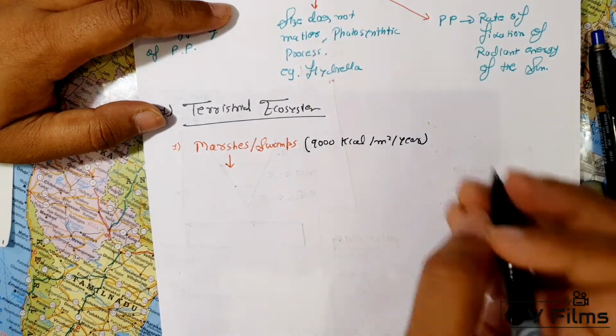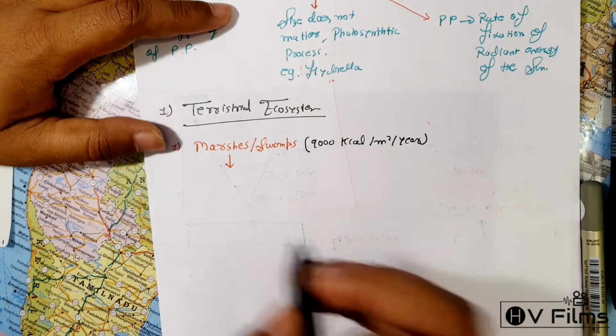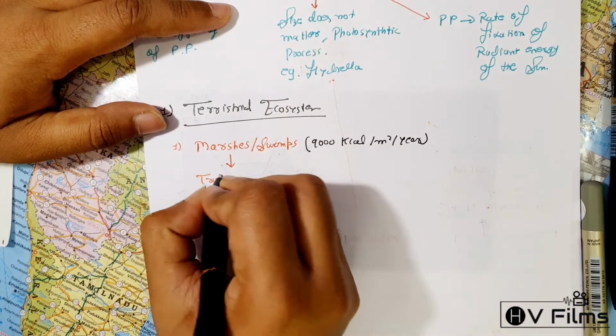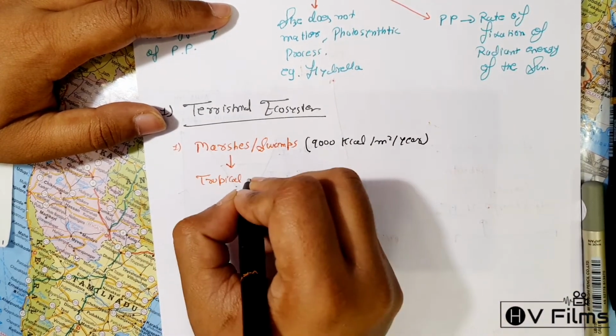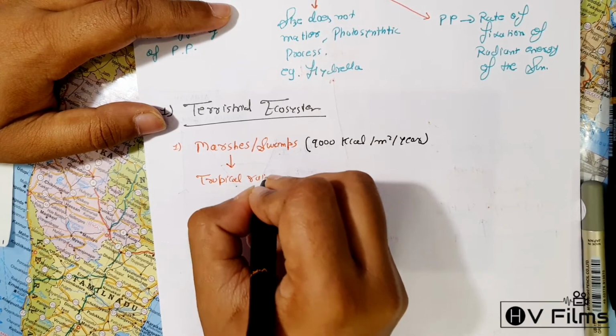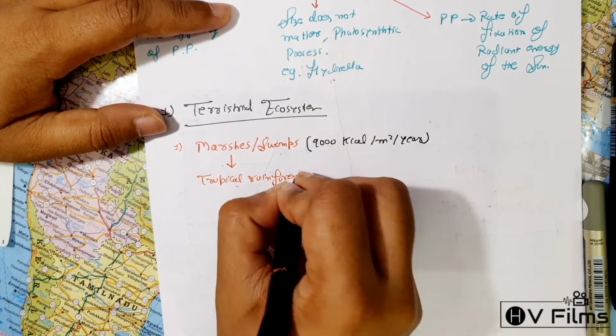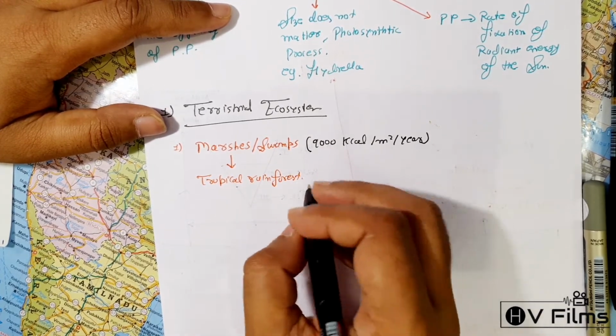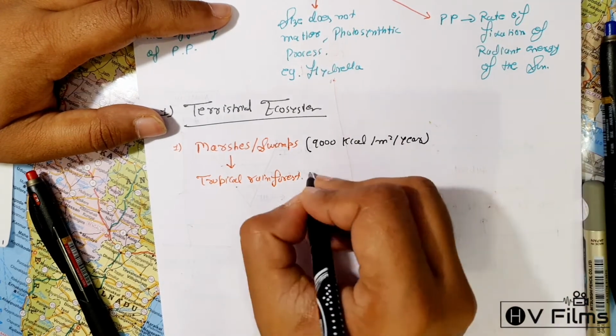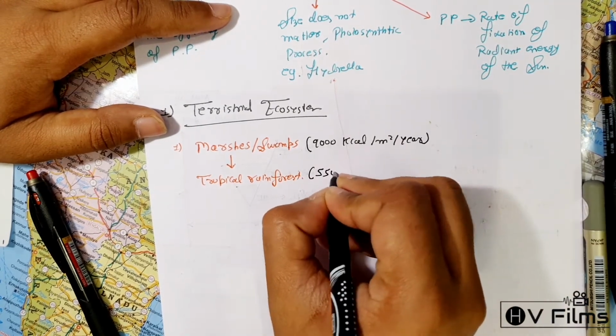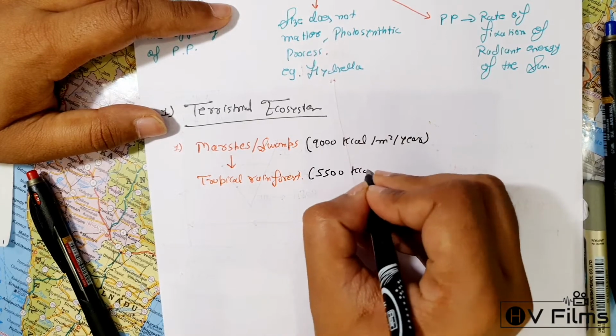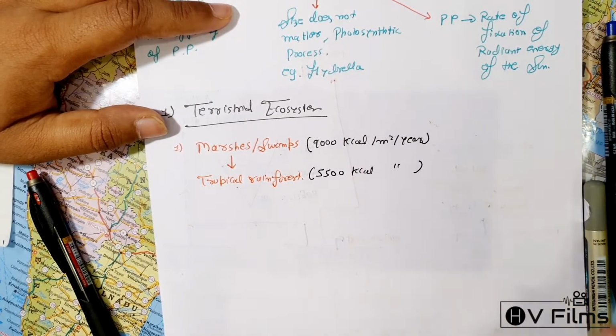So marshes has the highest, and then it goes to tropical forest or rainforest. Tropical rainforest is around 5,500, I think, kilocalories and everything same.